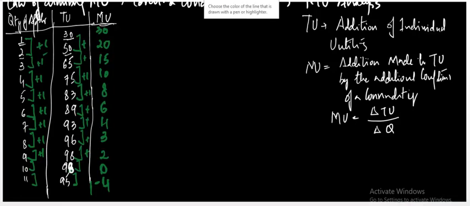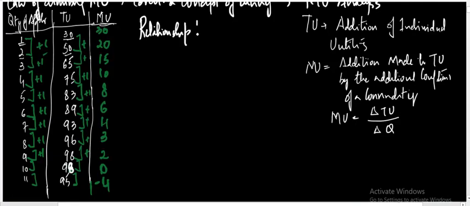Now let me talk about the relationship between total utility and marginal utility. One of the important concepts that we need to see over here is that the total utility is continuously rising from 30, 50, 65, 75, 83, 89, 93, 96 and 98, until it reaches 98, and then it starts diminishing.